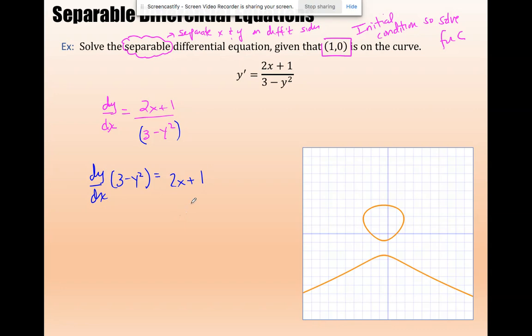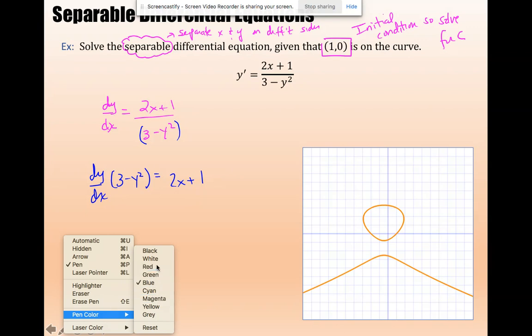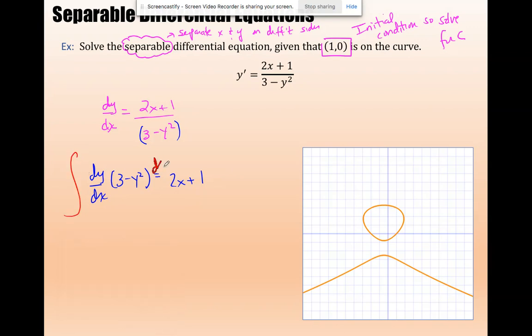Then I'm going to integrate both sides with respect to x, which means I really am integrating 3 minus y squared with respect to y. That's all nice.